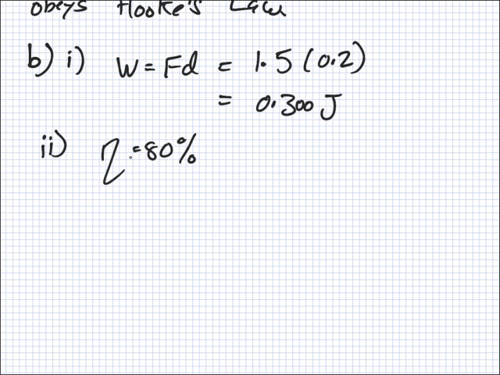So they want to know the kinetic energy at the equilibrium position. In other words, this energy converts into kinetic. And what are they asking for? How much initial kinetic?